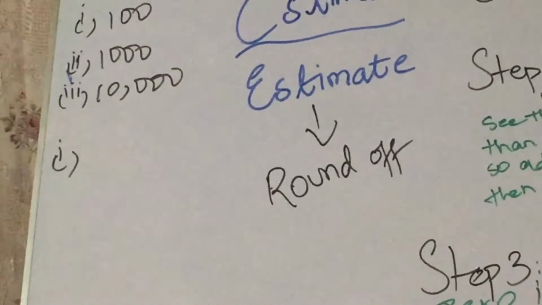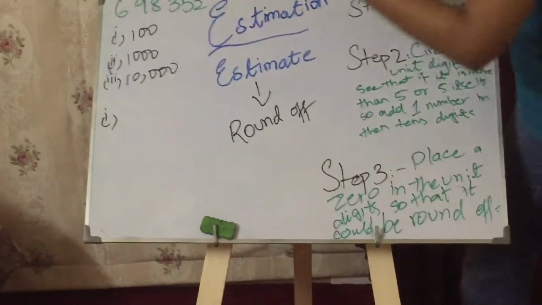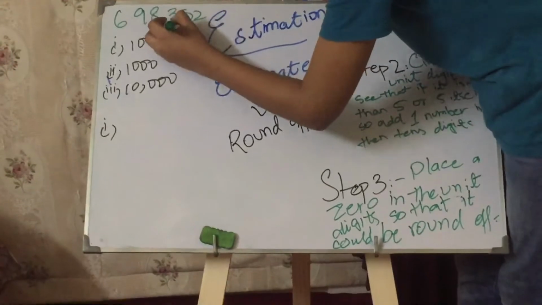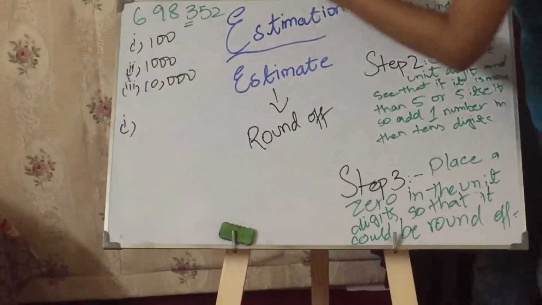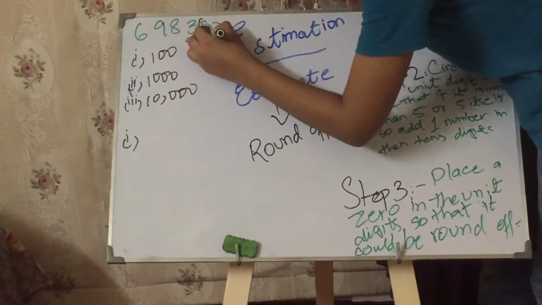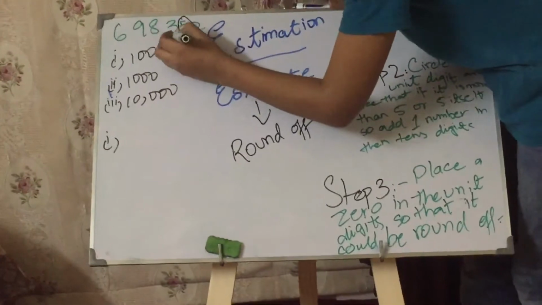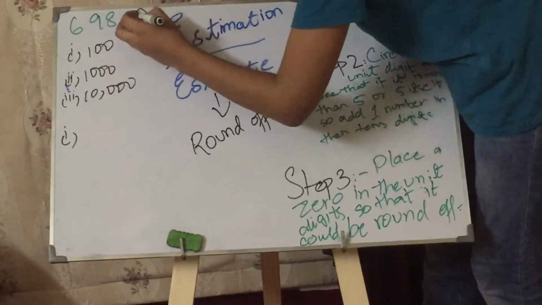What does part 1 say? We have to round off to 100. It means unit, 10, hundreds. We underline the hundreds digit and circle the digit next to it.